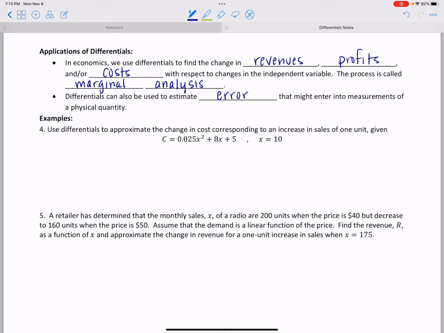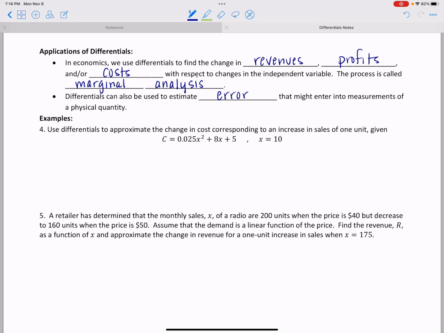Like if you're measuring the side of a rectangle and your ruler isn't so accurate, then you can estimate the error that might happen in finding the area of the rectangle, knowing the error that you've created in measuring the side length. We can also use this to approximate radicals. There are actually lots of applications of this. We're just going to focus on a few.